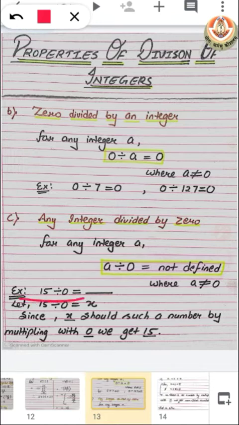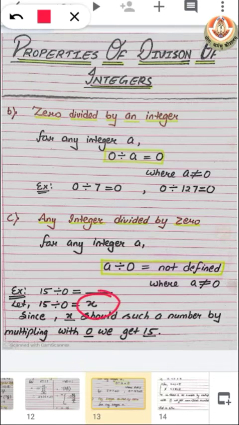15 divided by 0. What should be its answer? We have to check it. So, we will take that answer as x.